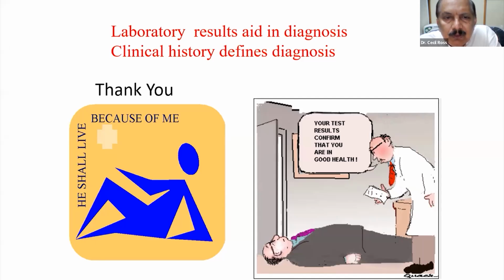So how long should romiplostim be continued for the patient to respond? There are some studies that tell you that if you give a patient who is difficult to treat from ITP weekly romiplostim for 2 to 3 months, at the end of 3 months quite a few people go into remission, maybe for 5 years, 6 years.